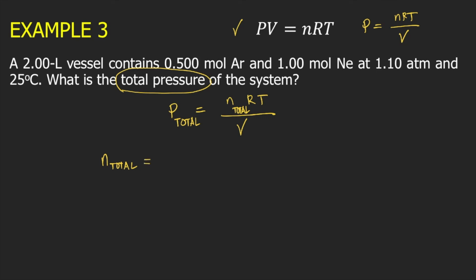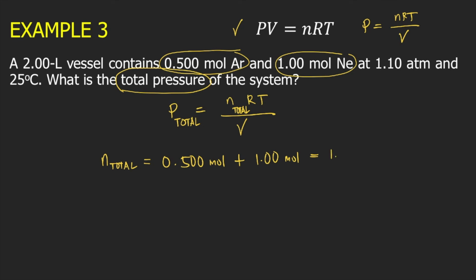So there are two gases in the problem, 0.5 moles of argon and 1 mole of neon. So to get the n total, you will just add 0.5 moles and 1.00 moles, which is of course equal to 1.500 moles. So this is your n total.